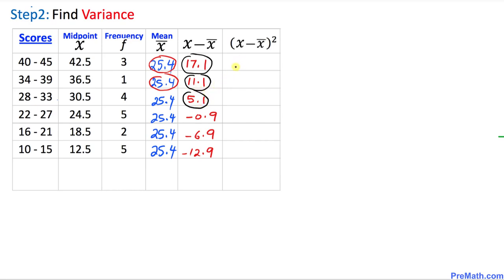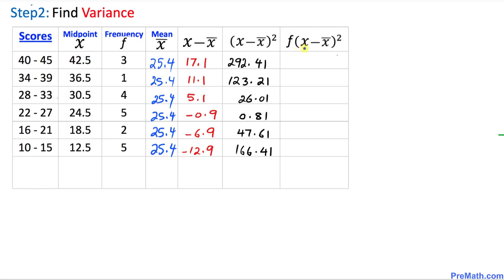If we square these, we are going to get 292.41, 123.21, 26.01, 0.81, 47.61, and finally 166.41.